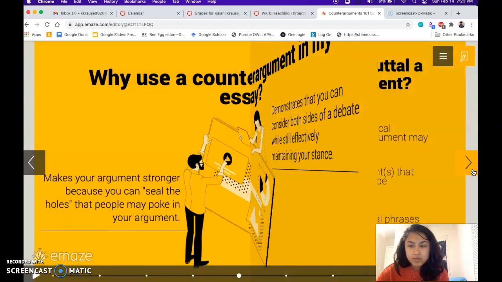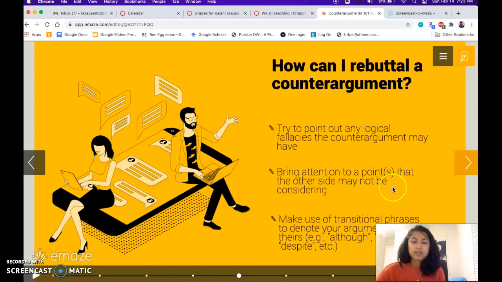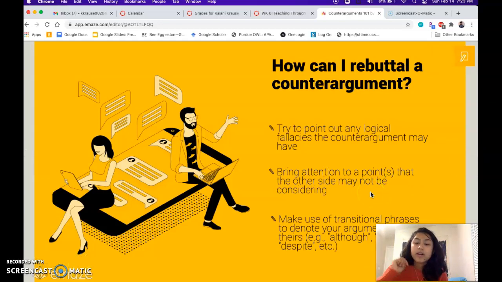And also, while we are rebutting, make sure we're using our transitional phrases to denote your argument versus theirs. So saying, although some people may believe, or however, despite the fact that, really utilizing those transitional phrases to separate the two arguments so the reader doesn't get confused as to, well, why is this person suddenly bringing up the fact that people disagree with them, right?